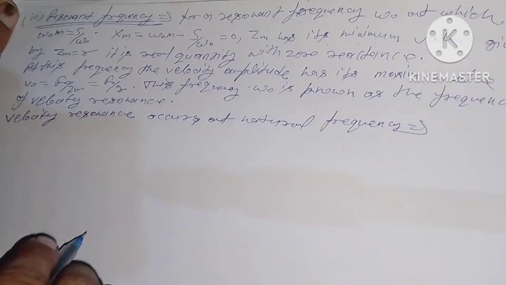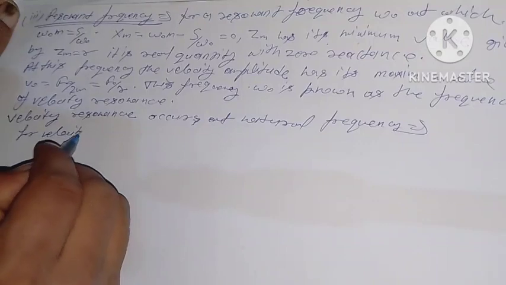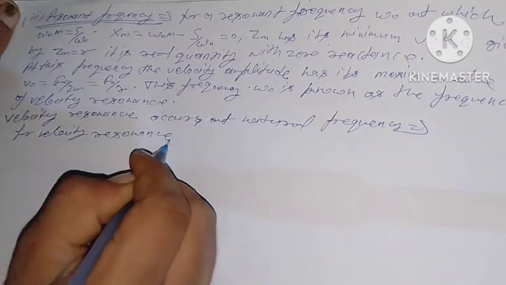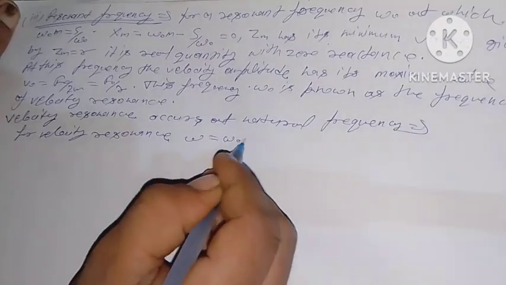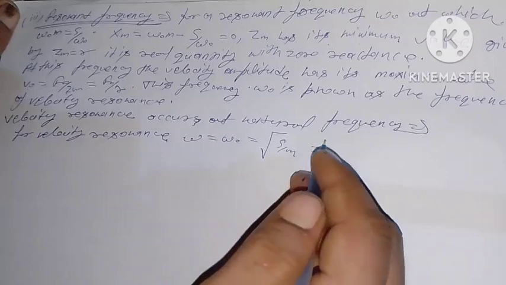For velocity resonance, omega equal to omega naught equal to under root of s by m, the natural frequency of the oscillator.